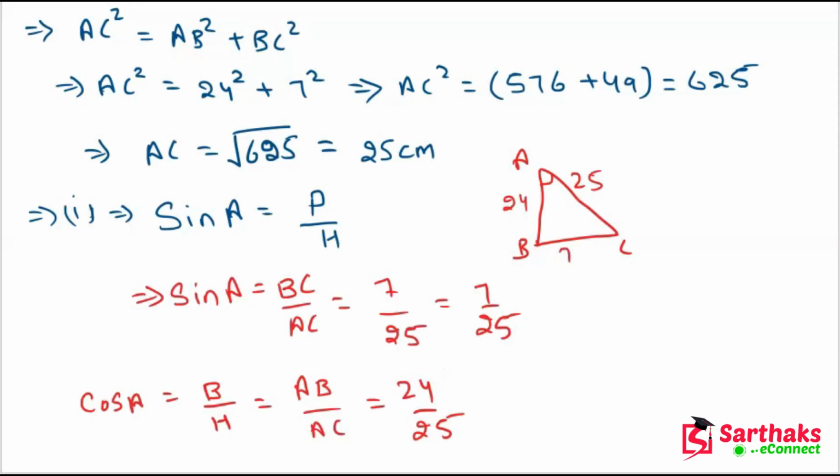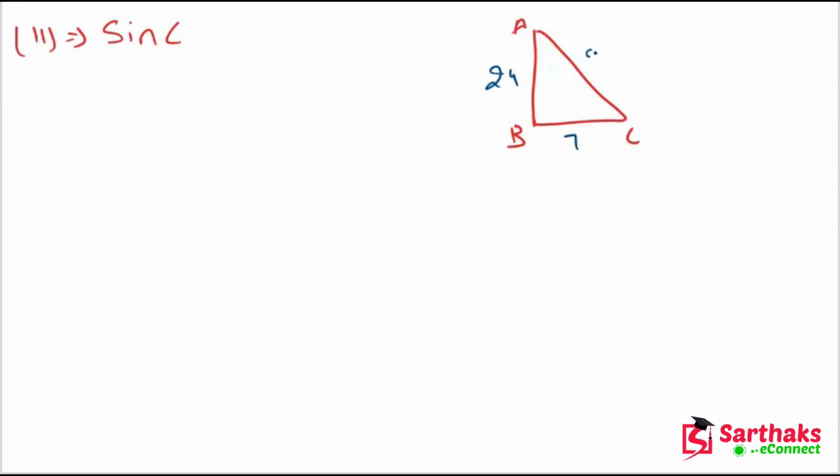So now let's do the second part. We have to find sine C and cos C, with respect to angle C. We have triangle A, B, C with AB 24, BC 7 and AC 25. With respect to C, base is BC, perpendicular is AB and AC is hypotenuse.